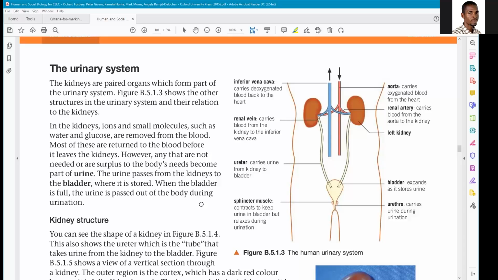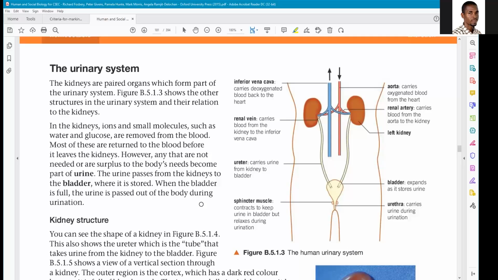And along the length of that capsule and the tube, which you'll see just now, you have blood vessels in a particular area that would reabsorb what the body needs. Glucose is reabsorbed unless you're diabetic. There should be no glucose in your urine. So the glucose that was filtered out will be reabsorbed.